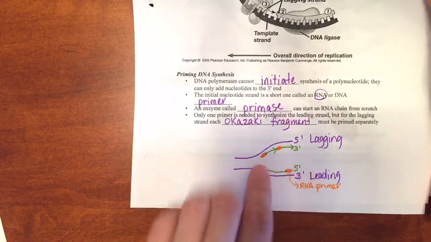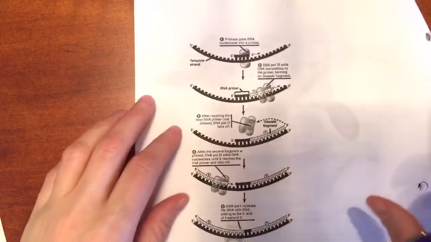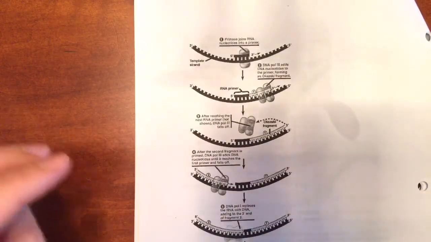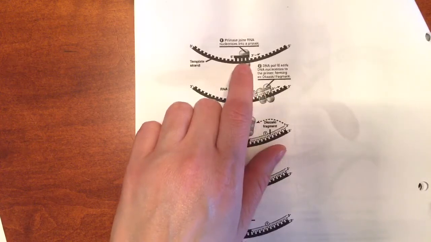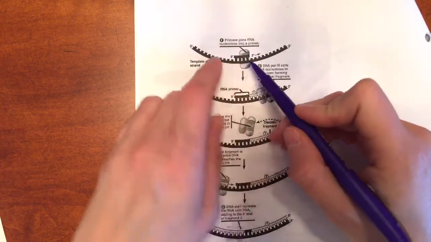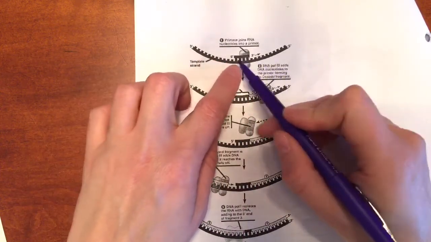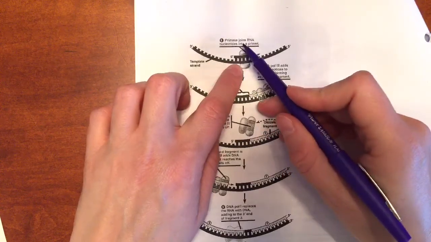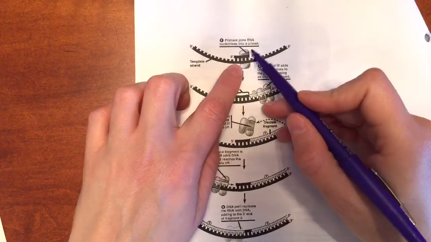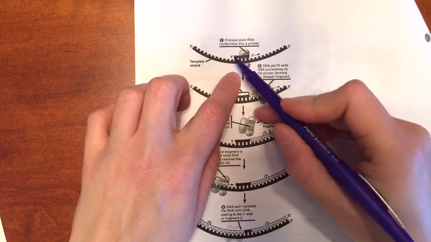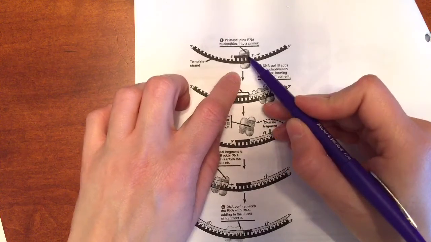They're showing you just one side of the DNA strand over here. It's going to grow in the 5' to 3' direction. This is the lagging strand, looking at just one side. Primase is adding the RNA nucleotides, so it's adding the primer in the 5' to 3' direction.